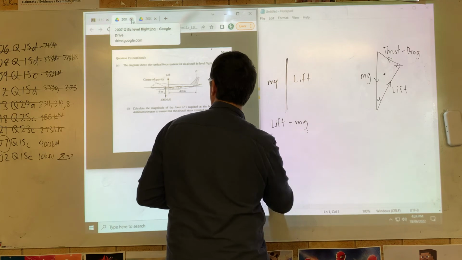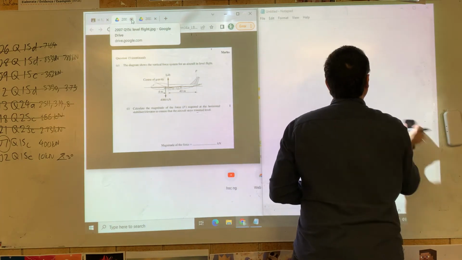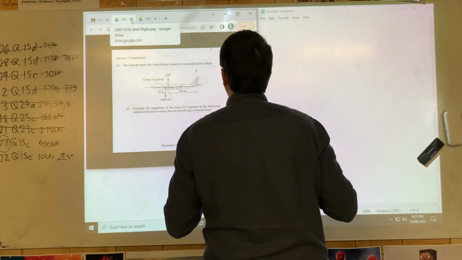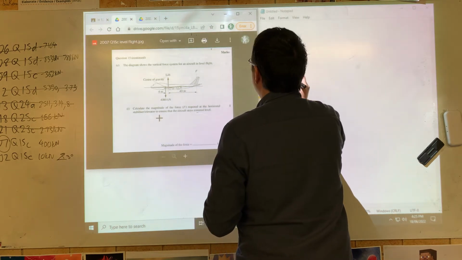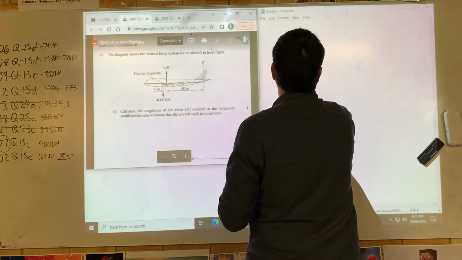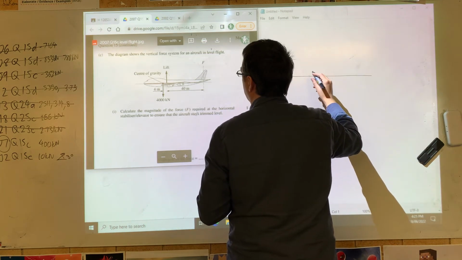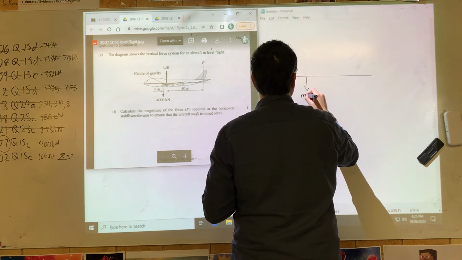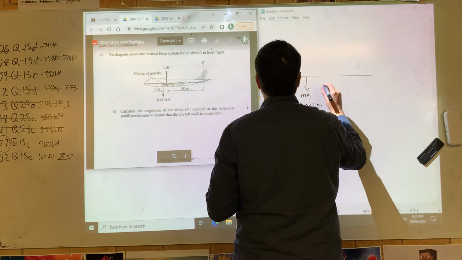Okay, so this is also at level flight. But in this question, what they want us to do is find that it's a moments question. So on our plane, if we have our beam, what we effectively have is the weight of the plane, mg, which they've told us is 4,000 kilonewtons.